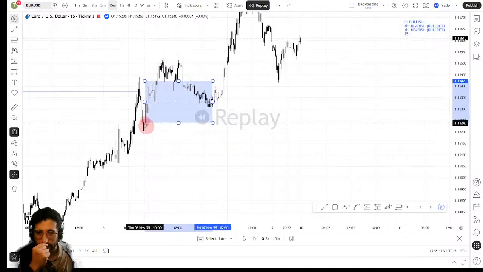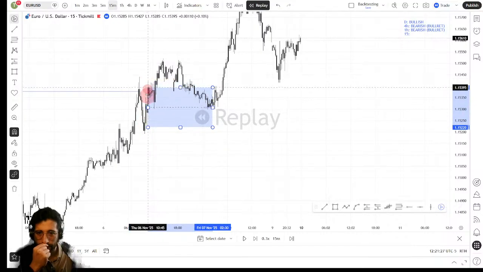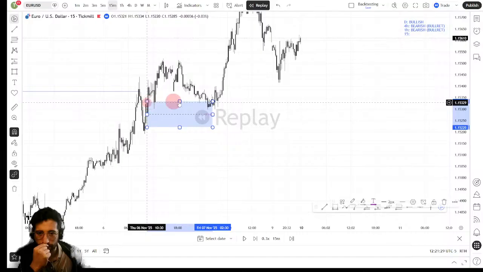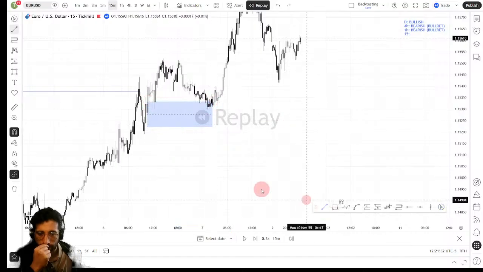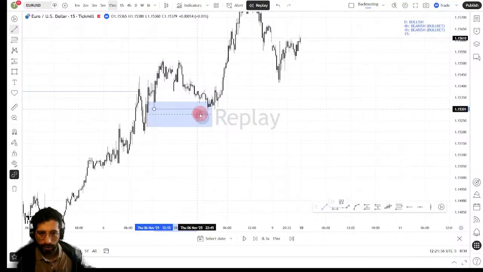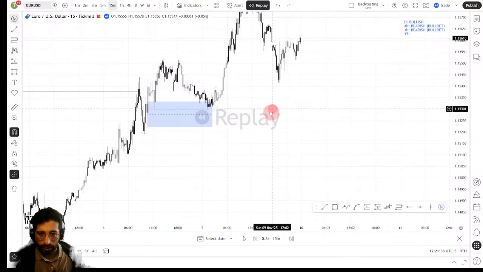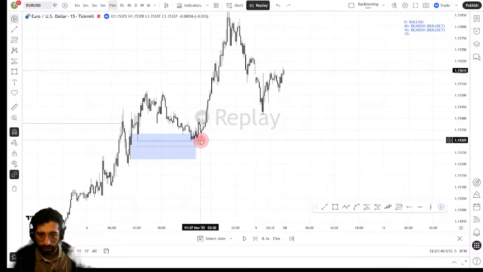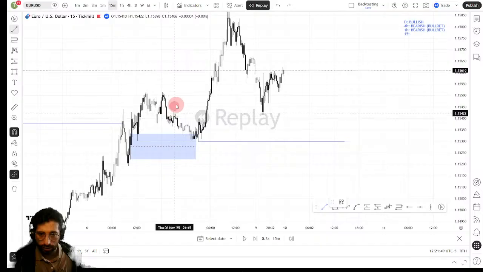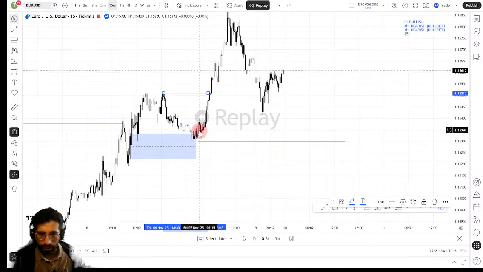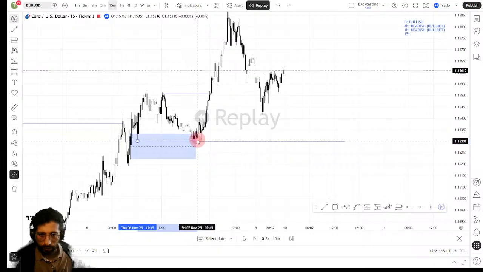Let me put it this way. It looks better, and also it's reacting to an order block. So look, here it is. Liquidity sweep. It took the liquidity of this low. It broke it with a body of the candle, this one here, and after taking the liquidity of this low, it made this BOS, break of the structure. So now we have our confirmations.